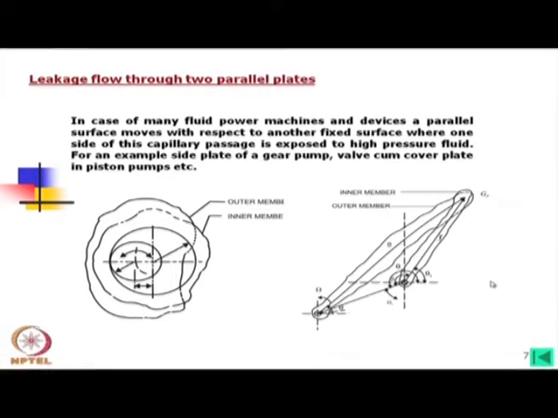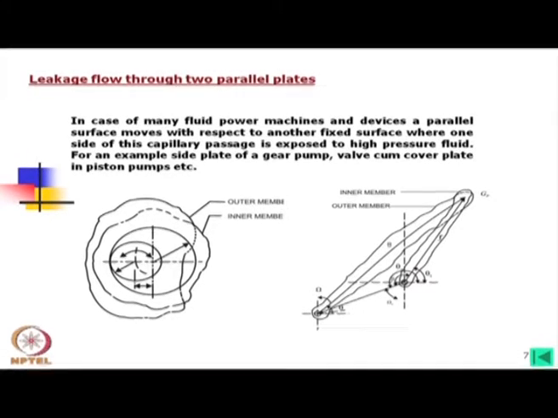Now, why have we taken such a case? Because in many fluid power machines and devices, a parallel surface moves with respect to another fixed surface, where one side of this capillary passage is exposed to high pressure fluid. So, for example, the side plate of a gear pump.